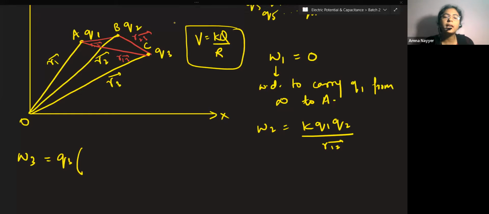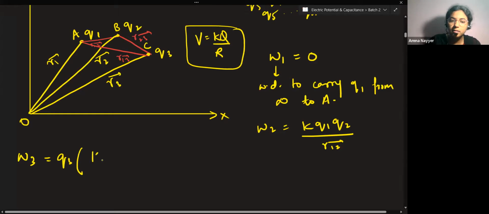It will be KQ1 by R13. Yes. No. Krishna, potential, how will Q3 be there in potential? It's a property of a single charge only, no? KQ by R. You don't have the other charge. So potential at point C due to Q1 will be what?